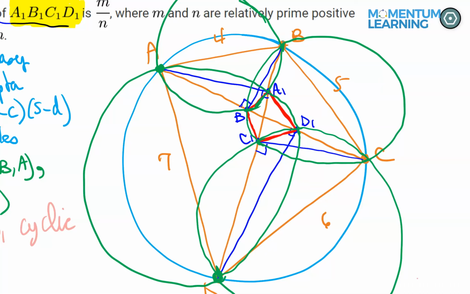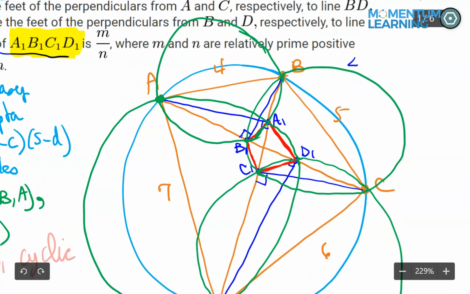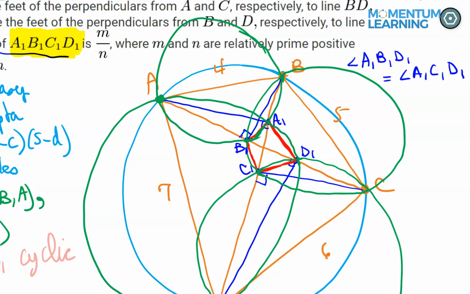If you want to show that A1 B1 C1 D1 is cyclic, one way to do it would be to show that angle A1 B1 D1 is equal to angle A1 C1 D1, and that would be sufficient to establish that this is a cyclic quadrilateral.